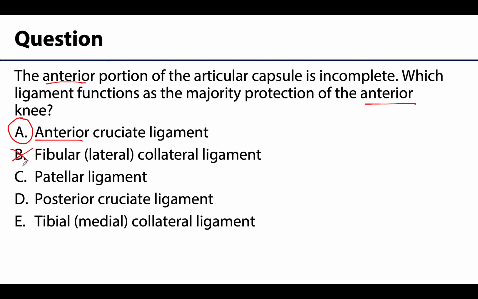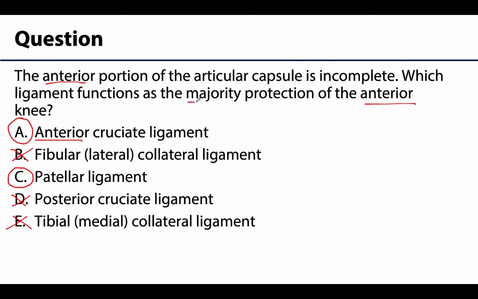Patellar ligament, where's that located? Well, remember, the patella is very anterior. The patellar ligament is between the patella and the tibial tuberosity, so this is in the anterior portion. Posterior cruciate ligament, not so much. It's intra-articular, it's posterior, so we're not going with that one. And then here's another collateral ligament, so this is on the opposite side, but still not so much anterior.